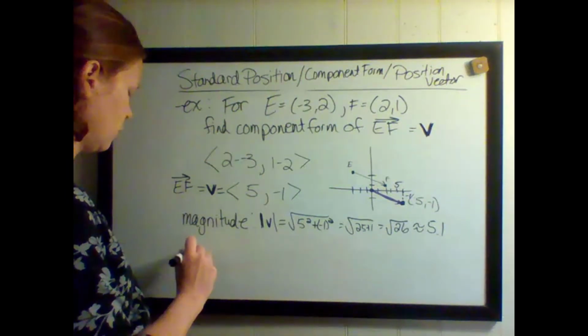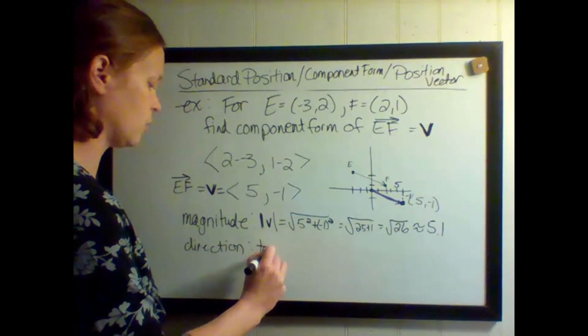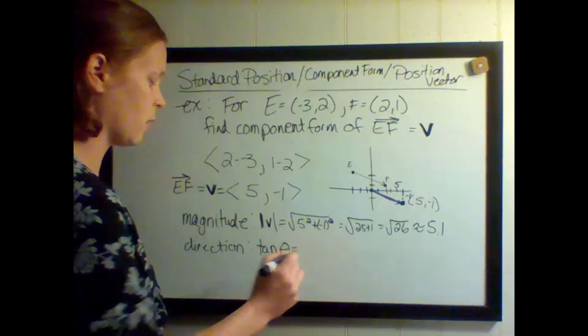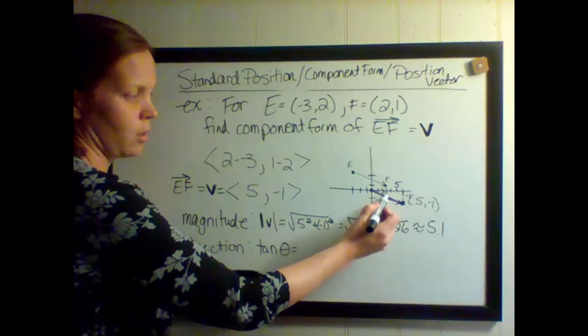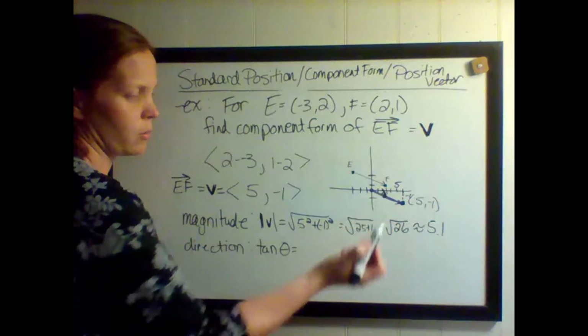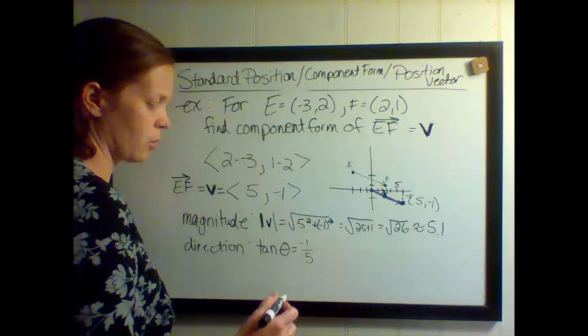And then the direction. If I set up tangent of theta, I'm trying to figure out what angle this is. So tangent of theta, let's figure out this angle right here, this reference angle, is opposite over adjacent, negative 1 over 5.